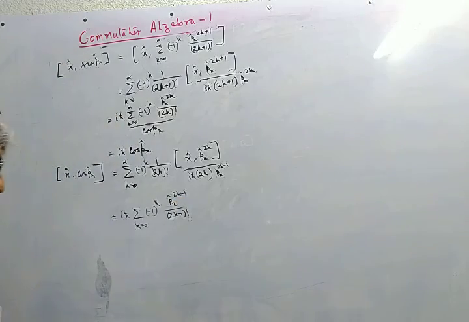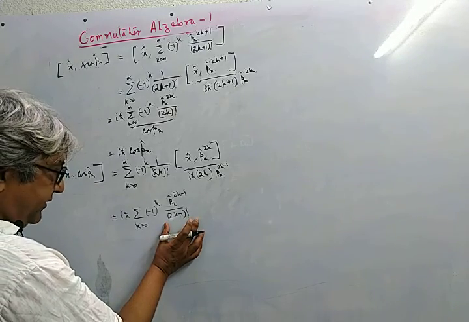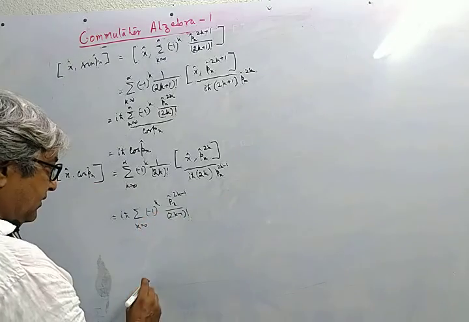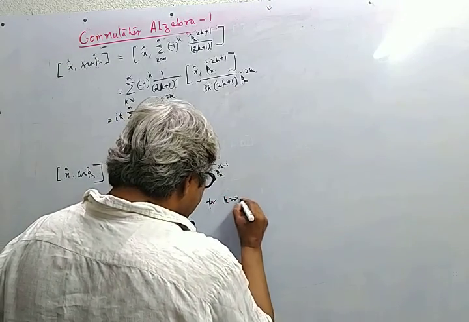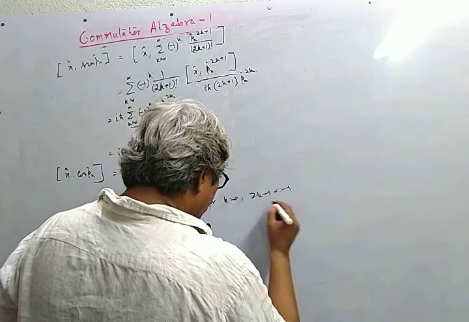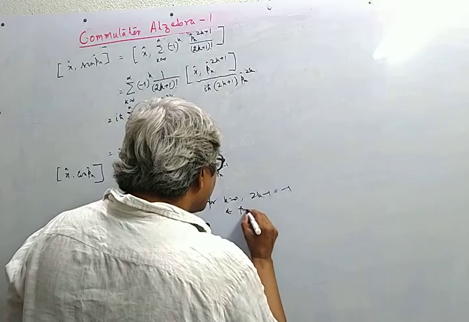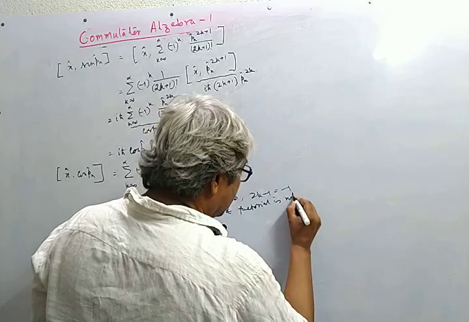Now see, if k is equal to 0, this is a negative factorial, which is not defined. So we must define k from 1, since for k equal to 0, 2k minus 1 is minus 1, whose factorial is not defined.